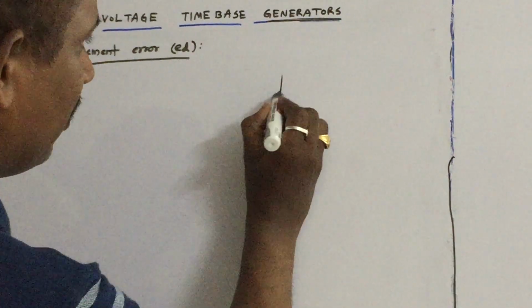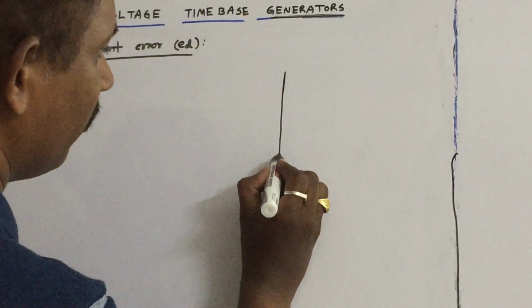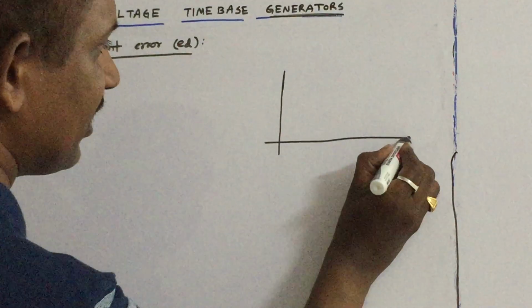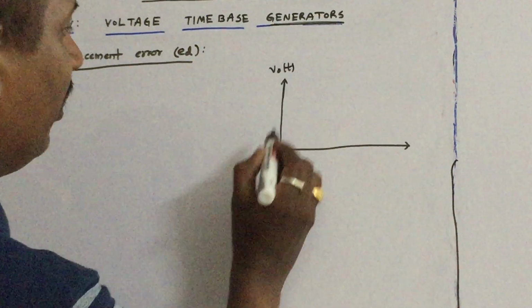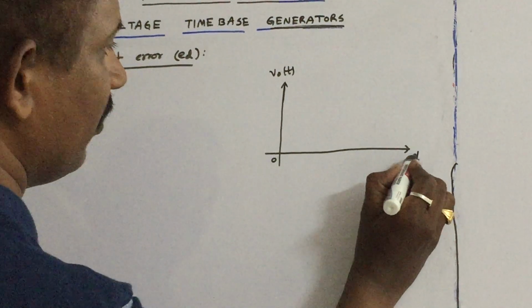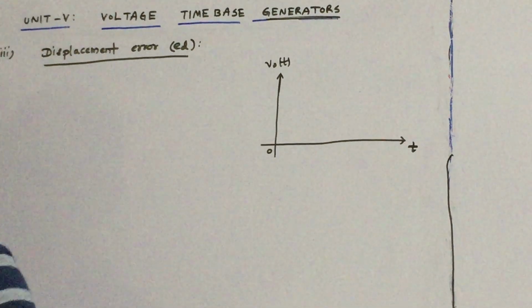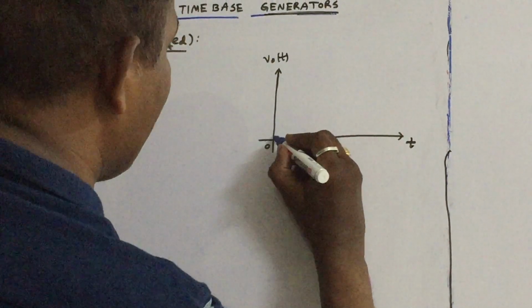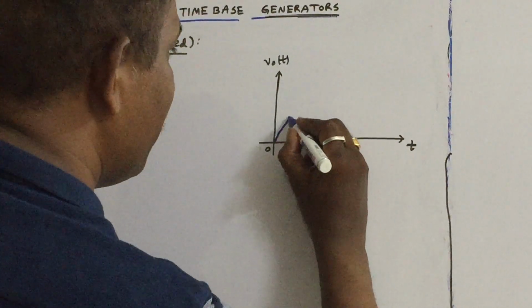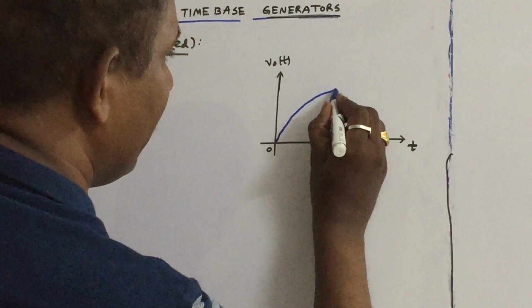Let us take this graph. So this is V0 of t versus t. Let us say the exponential charging graph is like this.